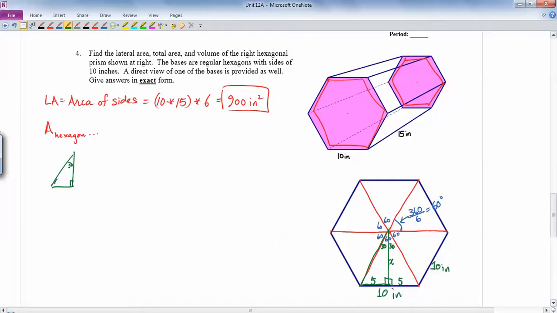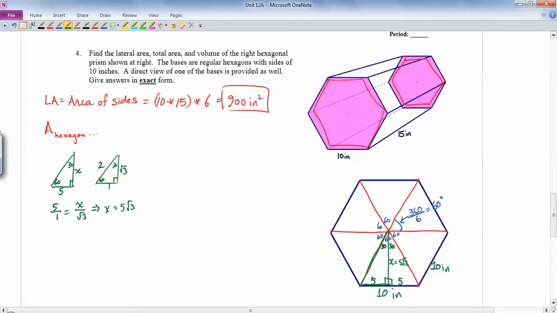We've got the 5, we want the x. If I draw the basic 30, 60, 90, short side is 1, medium side is root 3, long side is 2. So the 5 goes with 1, the same way the x goes with root 3, which means x is going to equal 5 root 3. Okay, so the height here is 5 root 3.